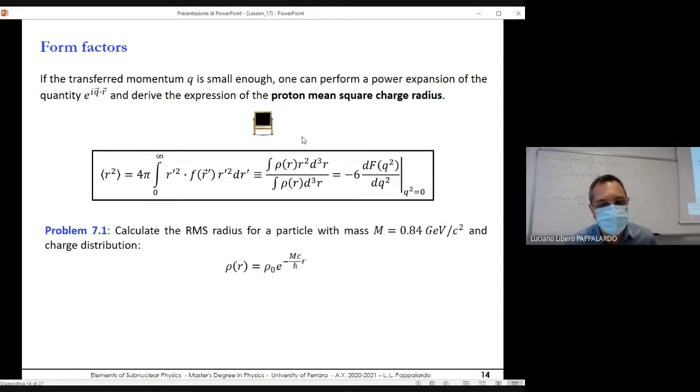Let's calculate the root mean square radius of a particle with a mass of 0.84 GeV and with this charge distribution: rho 0, and then we have an exponential.